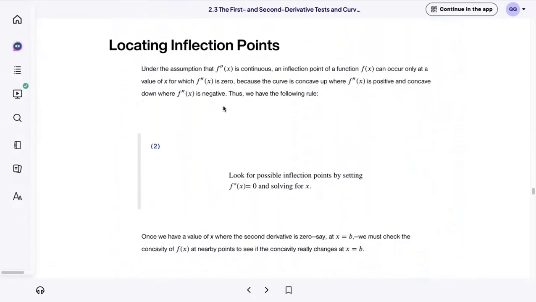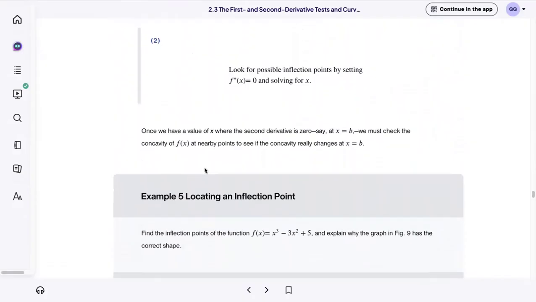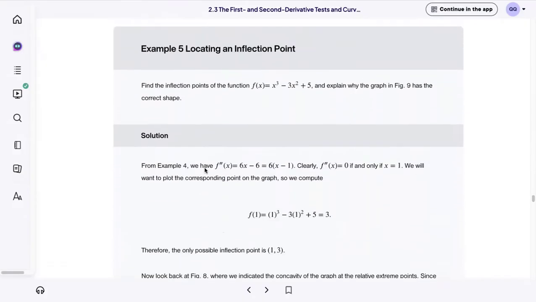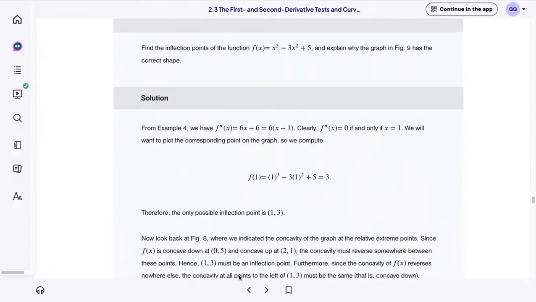Okay, another one is locating inflection points. We set the second derivative to be 0. Let's see this one. How do we find the inflection points? We need to find the second derivative of the function, then set it to be 0, then solve for x. So the first derivative is 3x^2 - 6x.